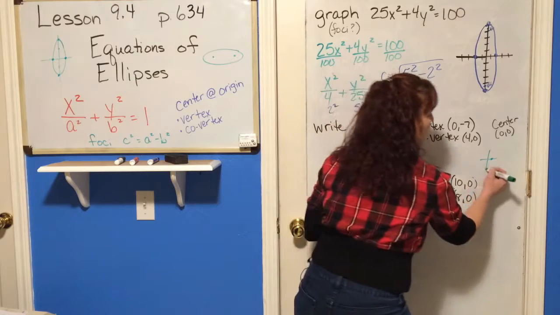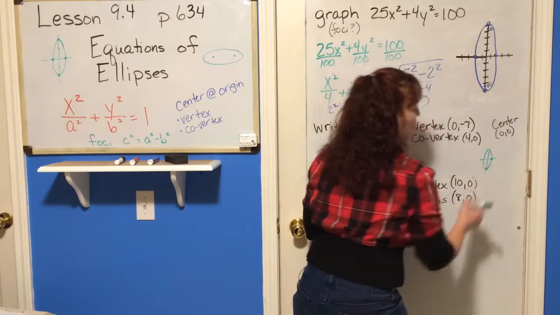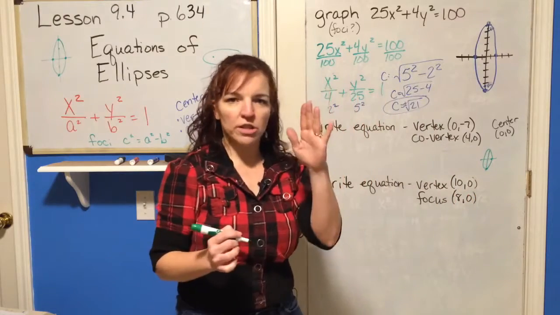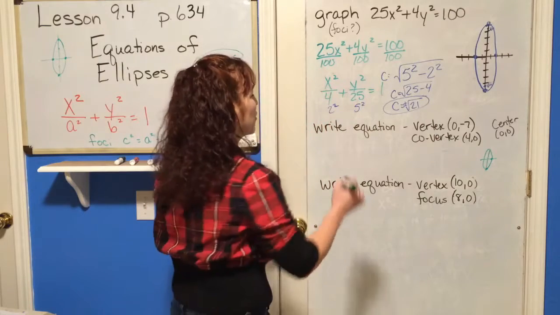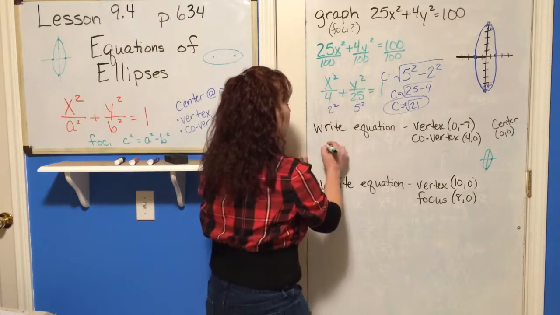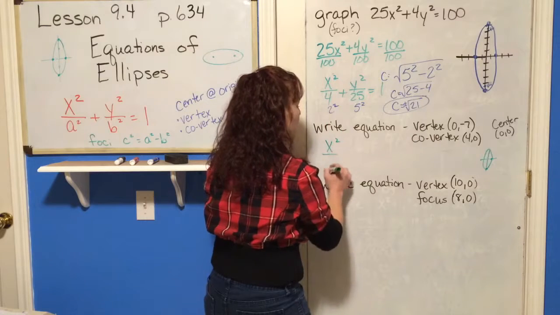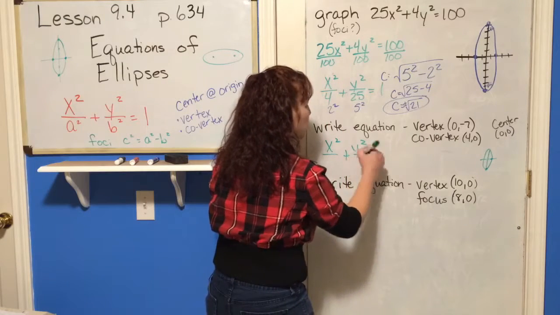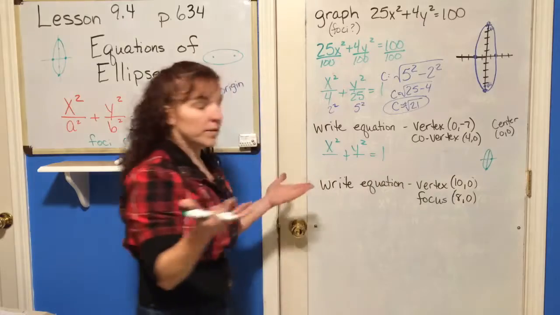So this looks to me like it's going to be along the up and down way, vertical. So what we're going to do is we're going to have x squared over something plus y squared over something is going to equal 1.